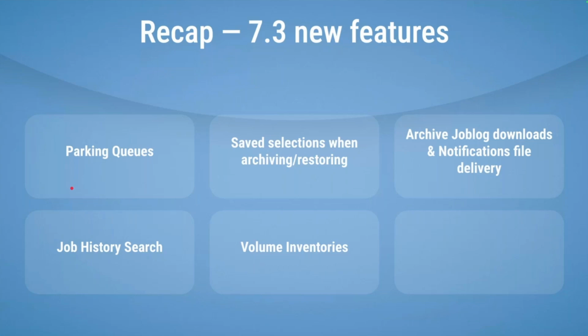We had a load of job log stuff where you can download inventories from job logs or get inventories from volumes, and the ability to search the job history. So there was a lot of ease of use features in 7.3. If you didn't see the previous webinar, or maybe you have questions about that stuff, or it's just nice to remind you about it.